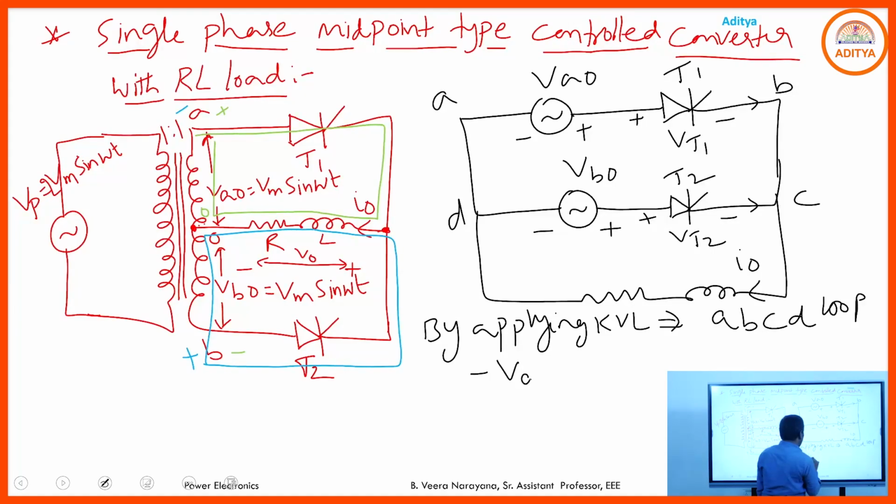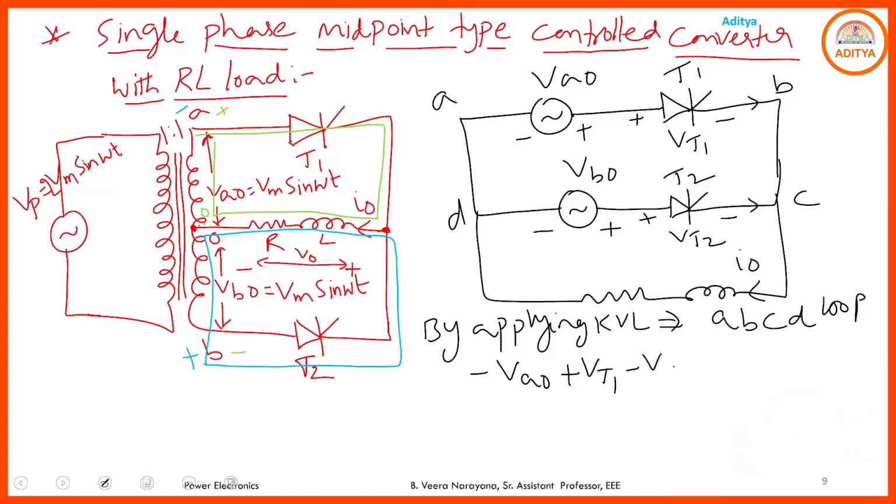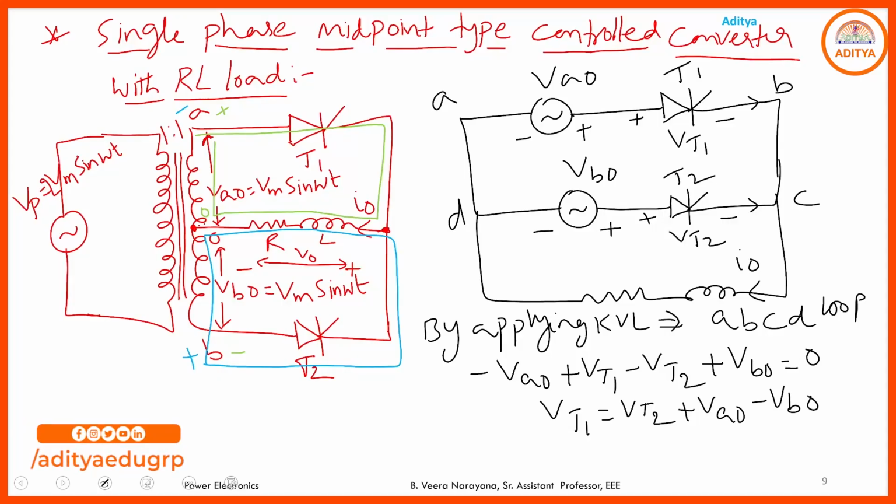So minus VA naught plus VT1 minus VT2 plus VB naught is equal to 0. I just want to find the voltage across T1. So VT1 is VT2 plus VA naught minus VB naught.